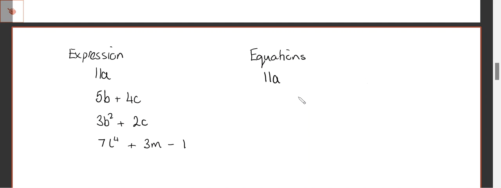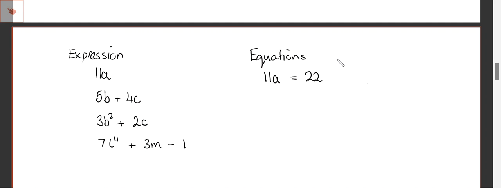An equation is different to an expression because of what you've just been doing: 11a equals 22 is an equation.